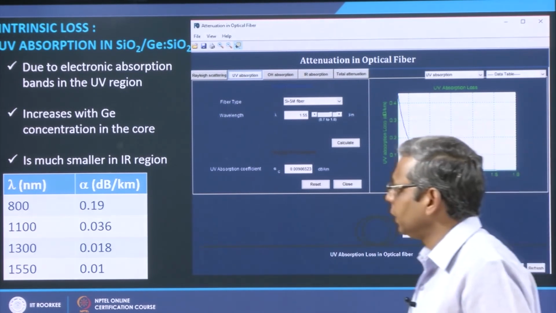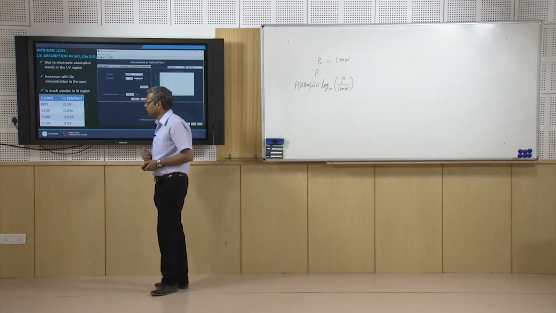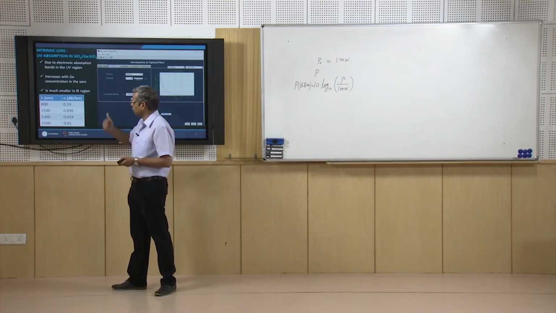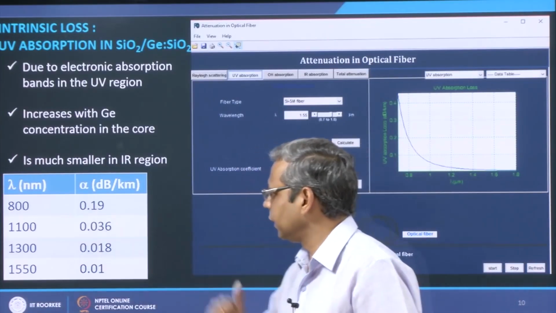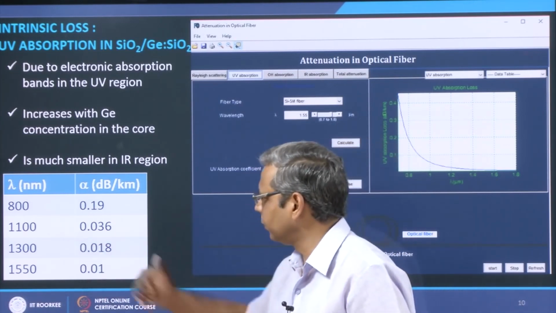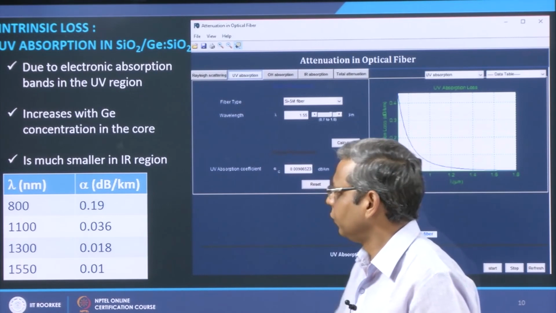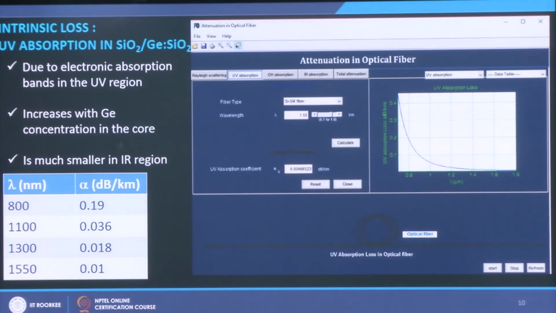At 800 nanometer wavelength, the loss is 0.19 dB per kilometer, which decreases to 0.036 dB per kilometer as I extend into infrared region at 1100 nanometer. Then at 1300 nanometer, it is even down to 0.018, and at 1550 just 0.01 dB per kilometer.